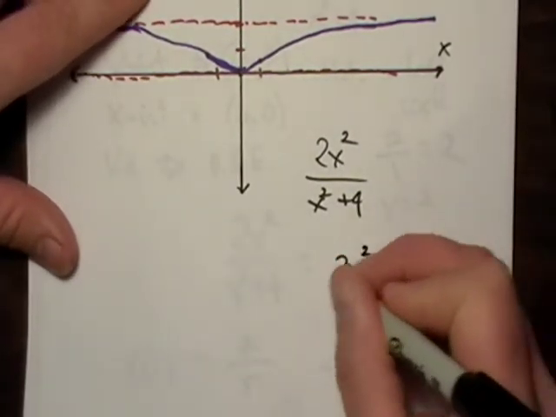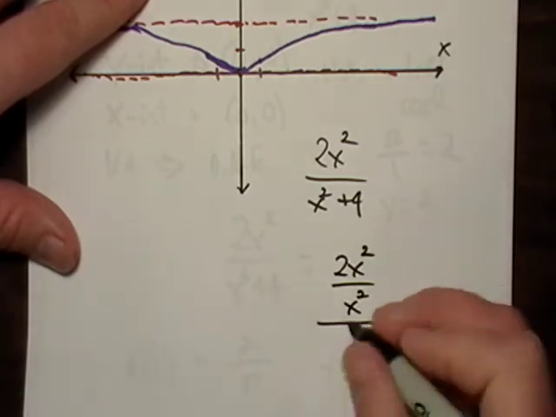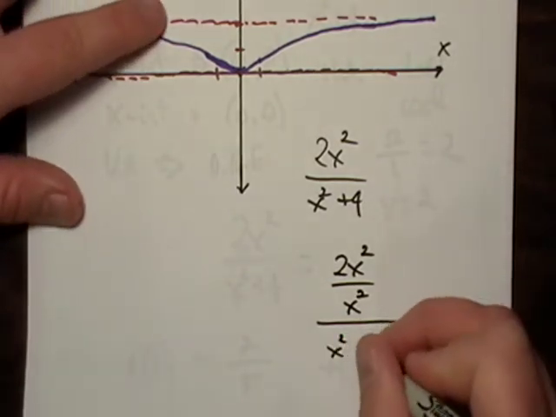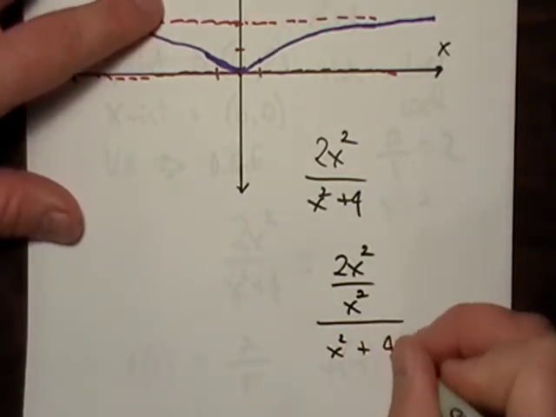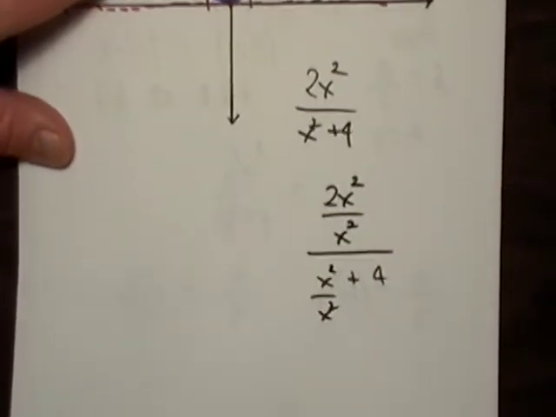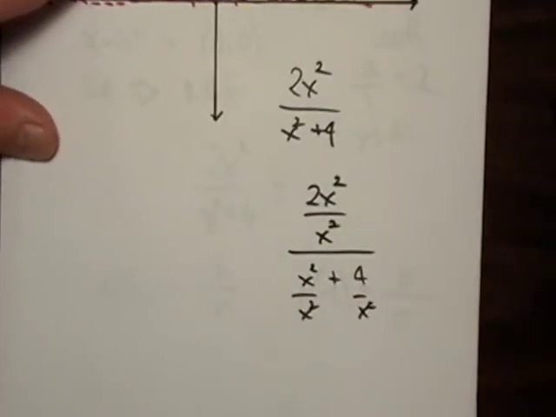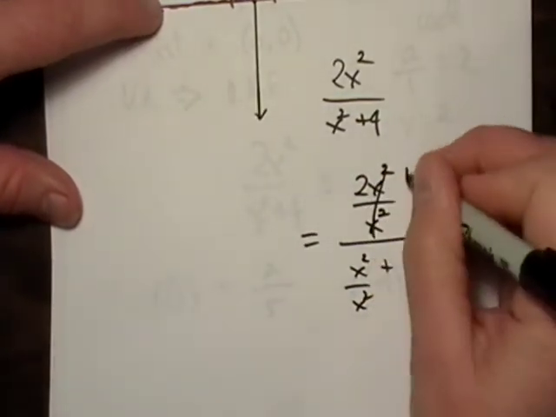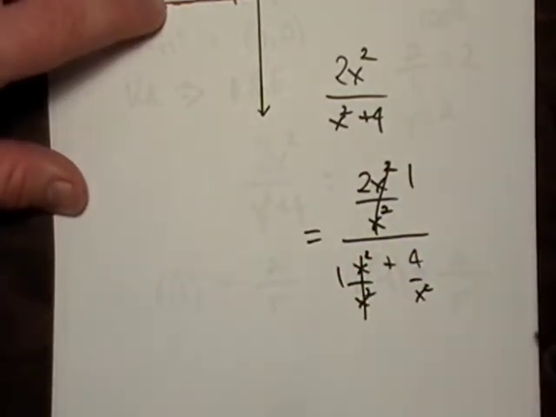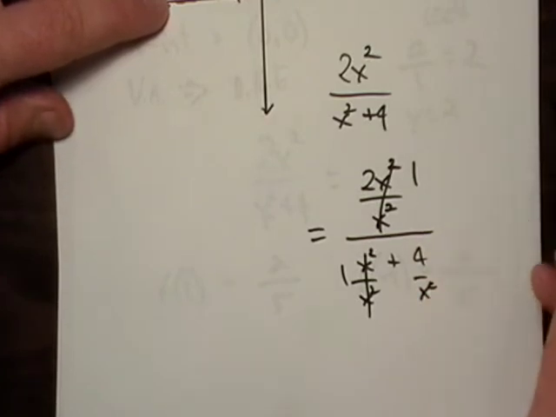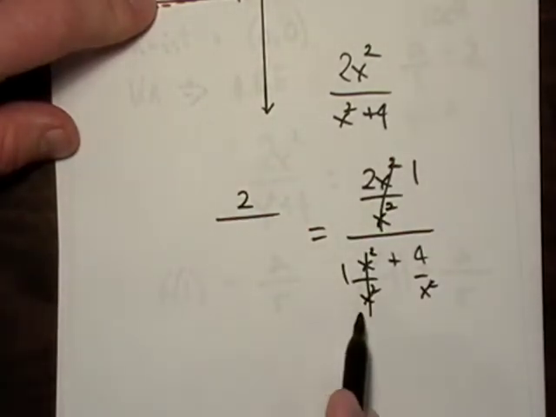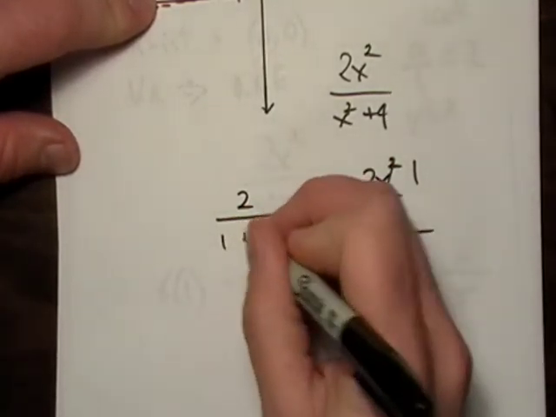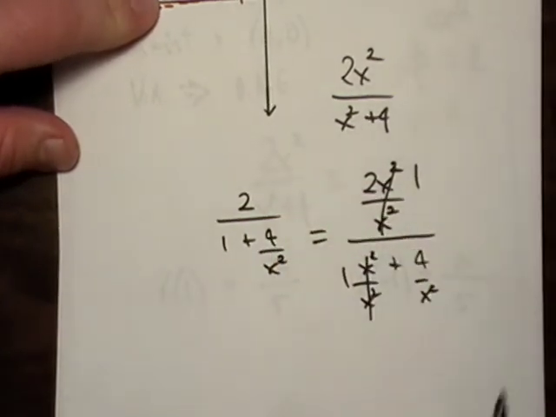Divide everything by x squared. What does this reduce down to? This goes to 1, this goes to 1. So I end up with 2 over 1 plus 4 over x squared.